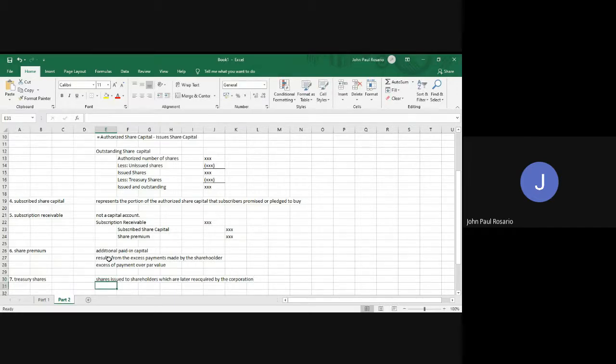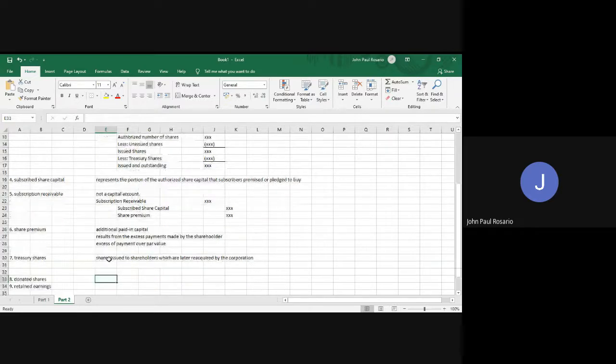It is not the shareholders who bought, but the corporation sold shares to a shareholder, and after a while it bought them back. So from unissued it became issued shares, or from unissued it became subscribed capital, and once fully paid it became issued shares. And then after becoming issued shares, the corporation bought them back, so they became treasury shares.